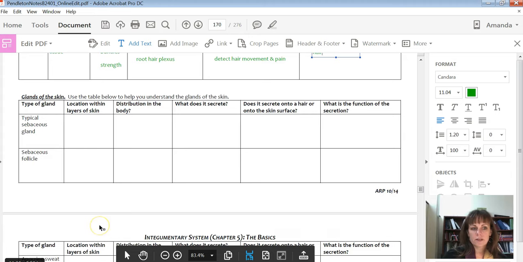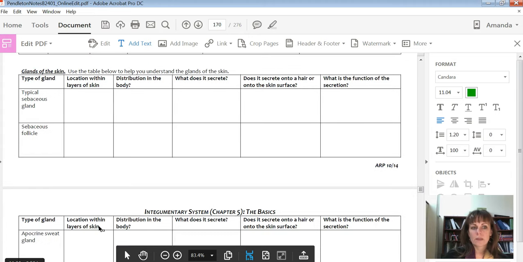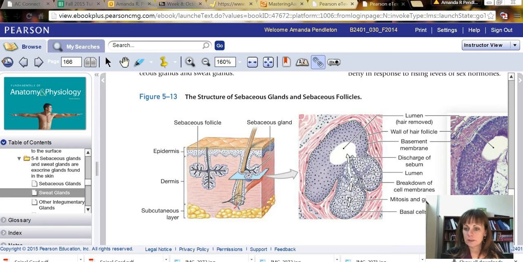Okay, so let's also make sure that we have this information about the different types of glands. If we look here in our textbook on page 166, what you're going to see are two different types of glands. One is a sebaceous gland. This is probably more common.